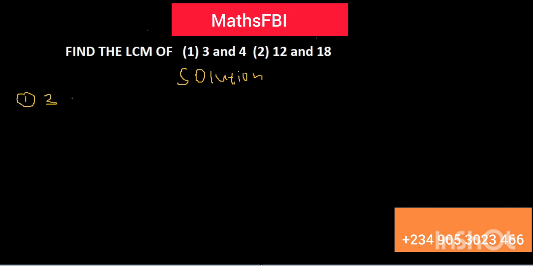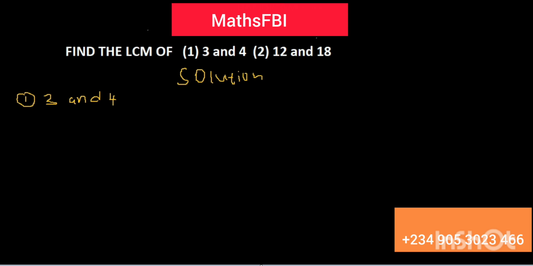Now, there are two methods of finding LCM. The first one is to list the multiples, and then we select the least common multiple between the two numbers.